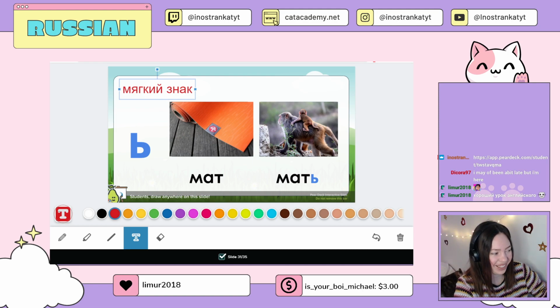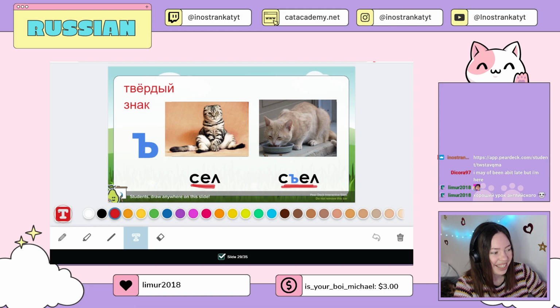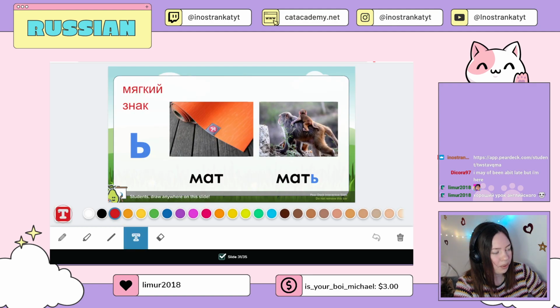This is a Russian language lesson. Okay, so here we had твердый знак, just a symbol that shows that the consonant should be hard, not soft. And here is the other one. Pretty similar, but doesn't have this little appendix on top.